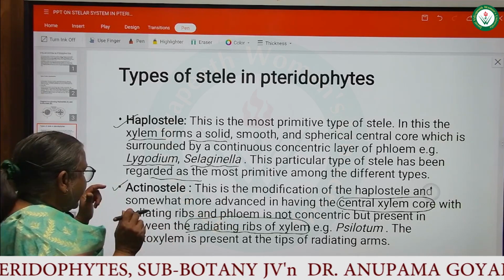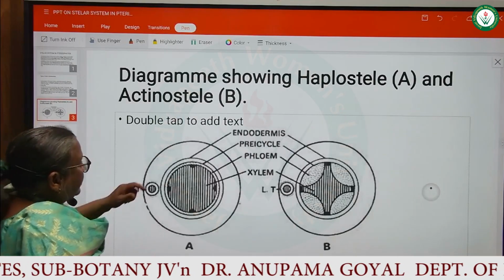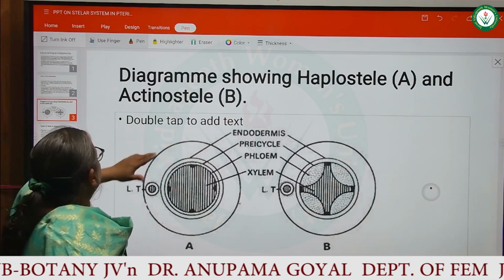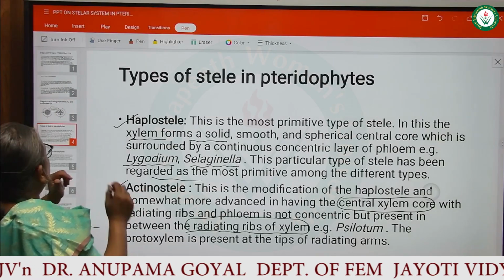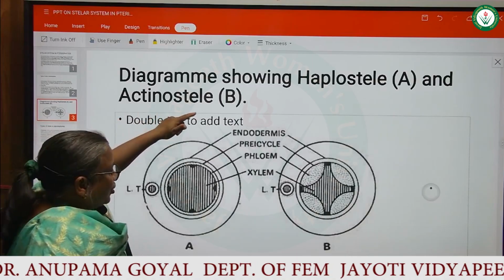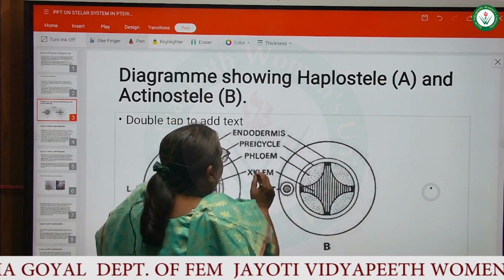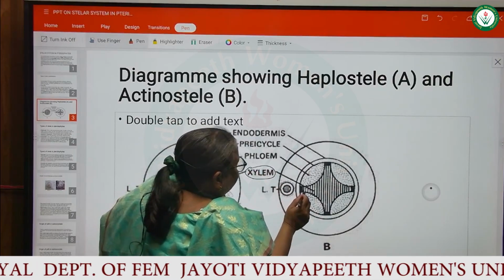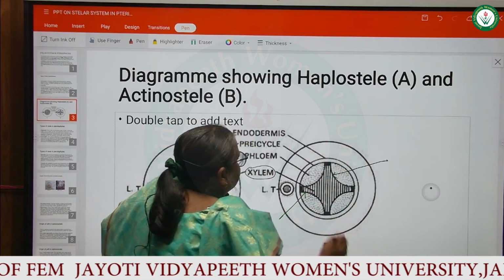So here I show you again the picture or the diagram. See, in this actinostele, see the B picture. In this, the xylem is in the form of radiating ribs. These are the radiating ribs of xylem.